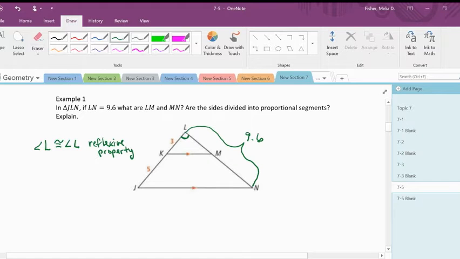We know that angle LKM is going to be congruent to angle LJN because we're talking about parallel lines being cut by a transversal, and those are corresponding angles.